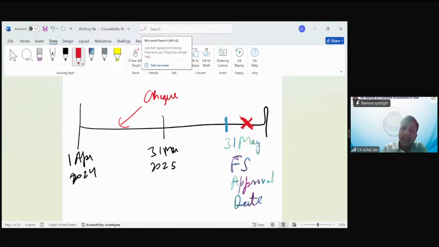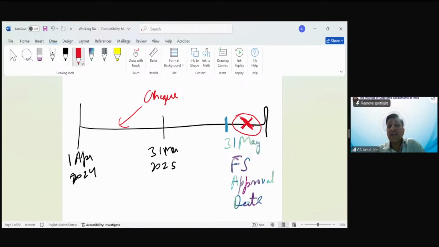Now, the event which comes after the financial statements are authorized for issue, do you consider them? No. So this part will not be relevant for us. So if the check gets dishonored after 31st May, you will have to ignore that event.